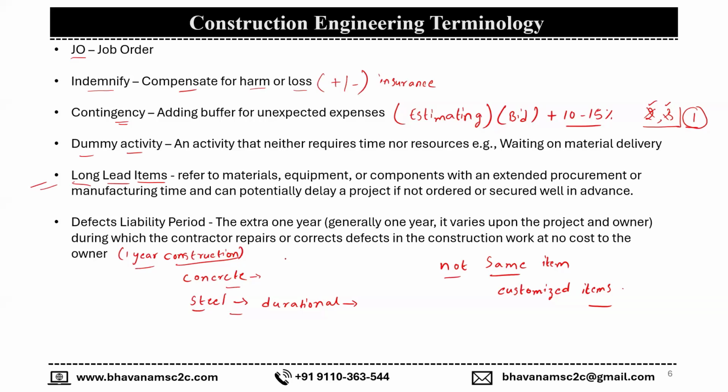Whatever problems or rectification works the owner faces after completion of work, the contractor has to do at free of cost. That particular period is called defect liability period, and usually it is given as an extra 1 year.